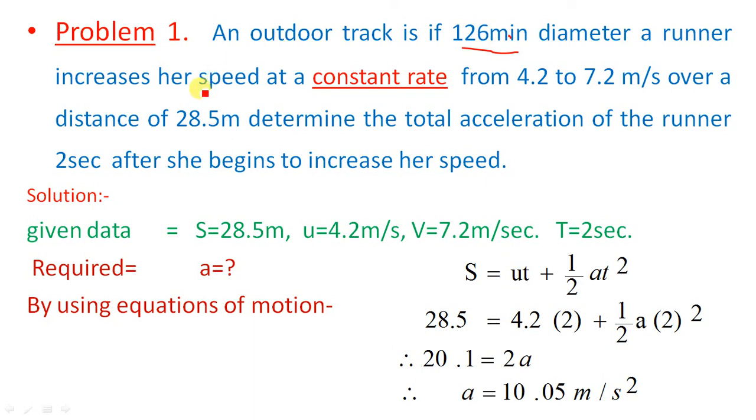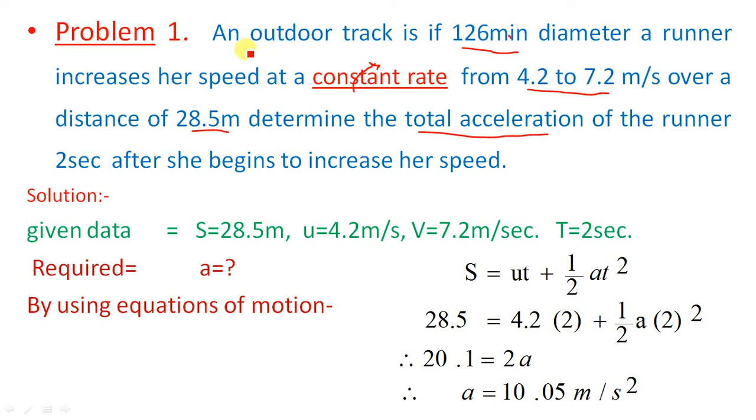A runner increases her speed at a constant rate, so here constant rate is mentioned, so the acceleration is constant, from 4.2 to 7.2 meter per second over a distance of 28.5 meter. Determine the total acceleration of the runner 2 seconds after she begins to increase her speed.